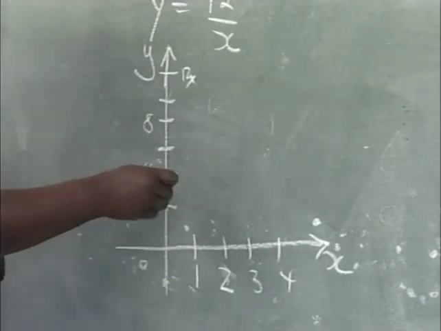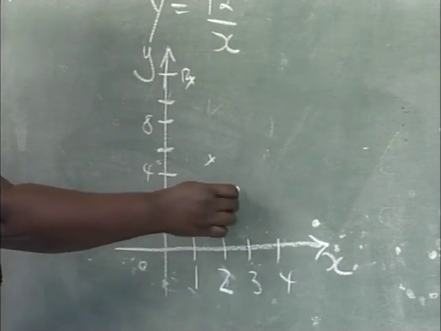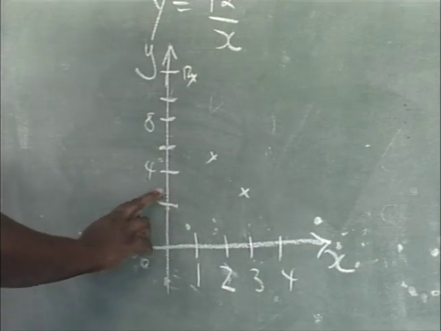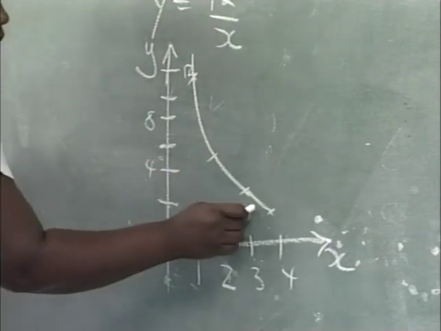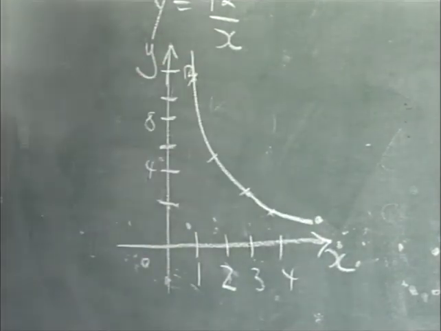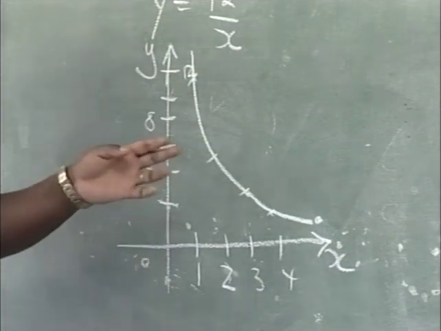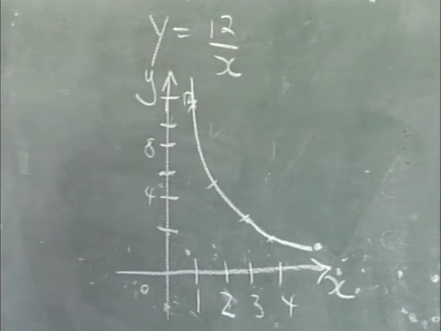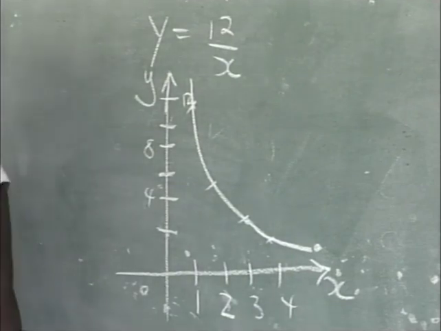When X is 2, Y is 6. When X is 3, Y is 4. We know that from the information given. And when X is 4, Y is 3. So the graph will be something like this. Although it says you're not required to draw the graph accurately, if you've never seen this type of graph before, you actually have to find the value for P first, which is 12, before you draw the graph. Okay, so that's what question 4 looks like.